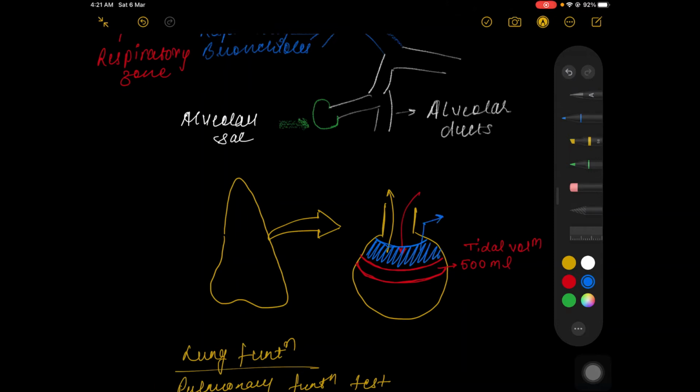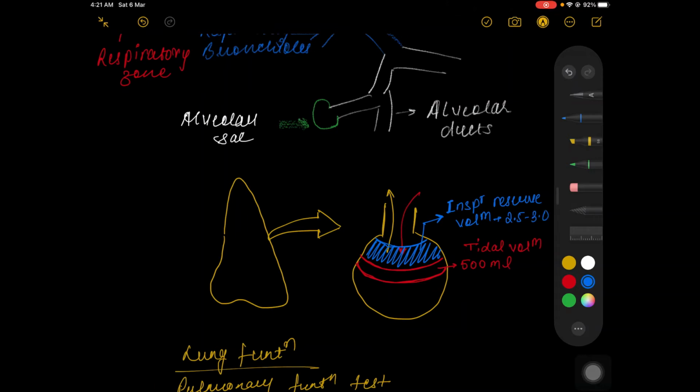When we forcefully inspire more air other than the tidal volume, that forms the inspiratory reserve volume. It is around 2.5 to 3 liters.